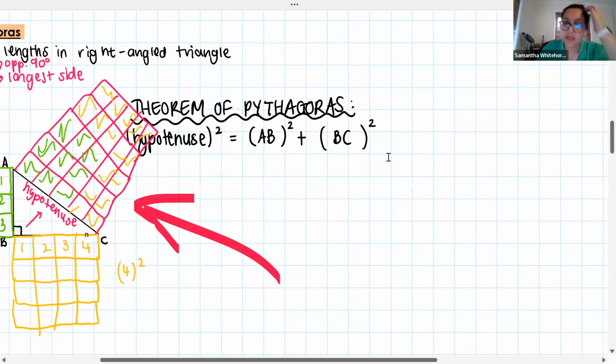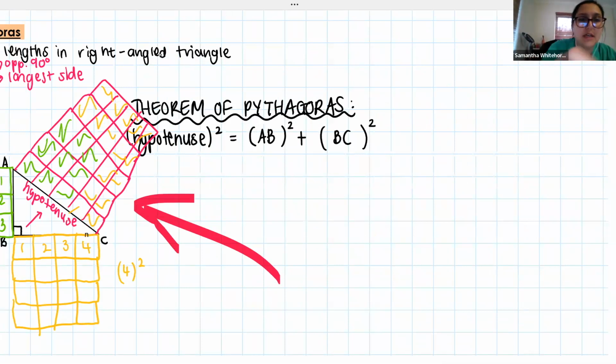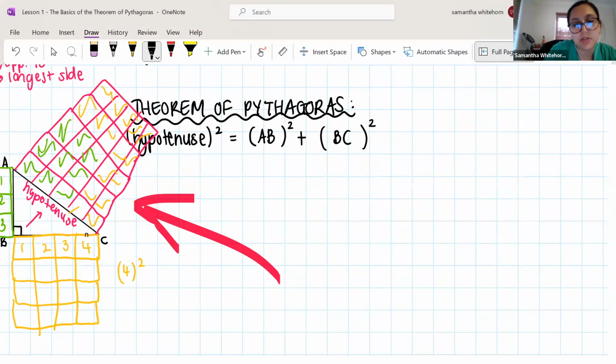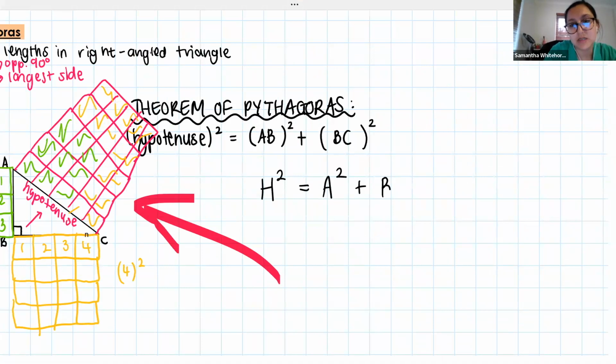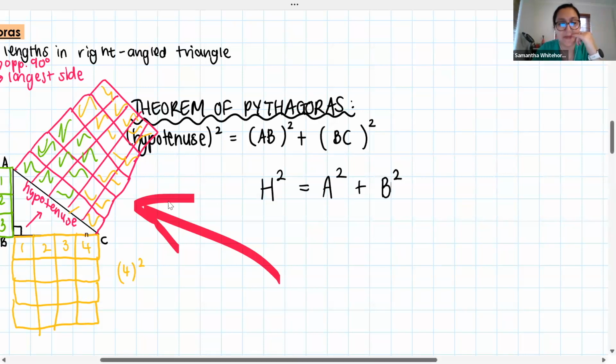Zintle put on the chat earlier, another way you could write it is hypotenuse squared, so capital H squared, is equal to side A squared plus side B squared. As long as you remember the squares and the addition, you're okay to write it in relation to the triangle you're given. Nice questions, grade 8. Well done.